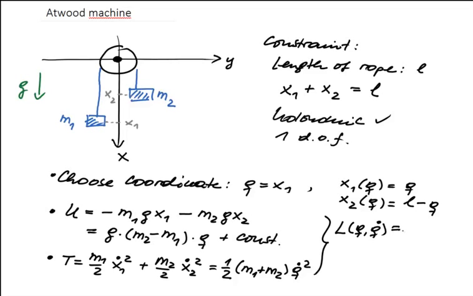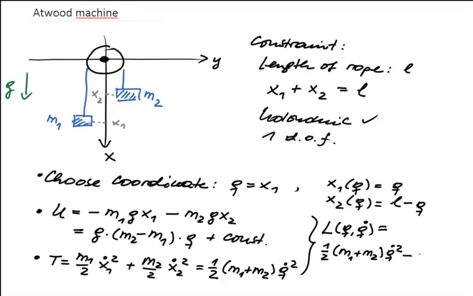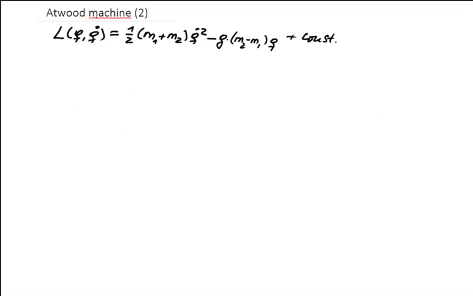This is equal to 1 half m1 plus m2 q dot squared minus the potential energy, which is g times the difference between the masses, m2 minus m1, times q, plus an additive constant which will not affect the equation of motion. Given this Lagrange function, we can immediately write down the Euler-Lagrange equation.